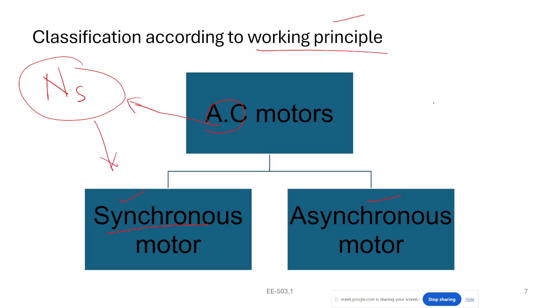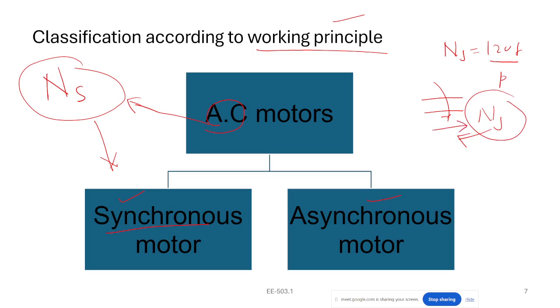Whatever the speed of the synchronous motor, as we know, Ns is equal to 120 f by P. If you consider 50 Hz and 4 poles, then we'll get some value. That is the Ns value, and based upon that value the motor runs at that speed.